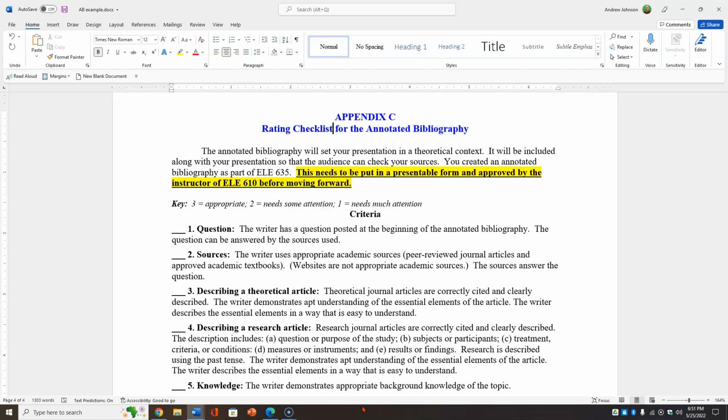Blind peer reviewed journals; magazines are not appropriate, newspapers aren't appropriate. So make sure it is a peer reviewed journal. It doesn't have to be a research article, but it does have to be a theoretical article found in a peer reviewed journal.